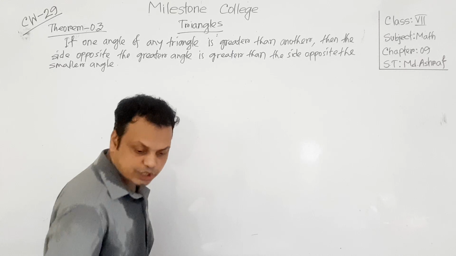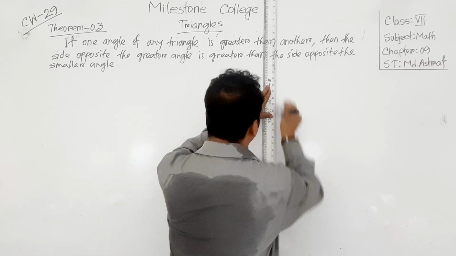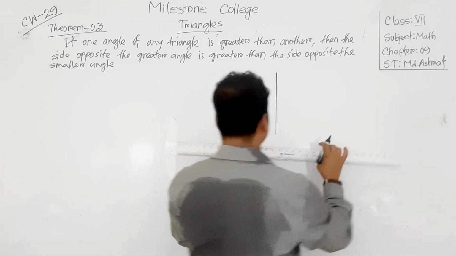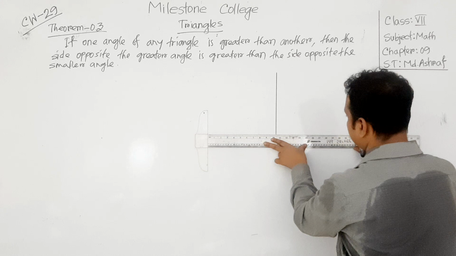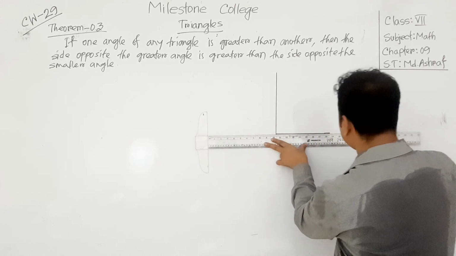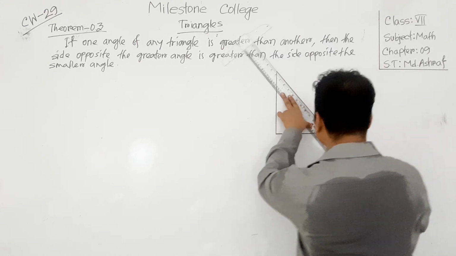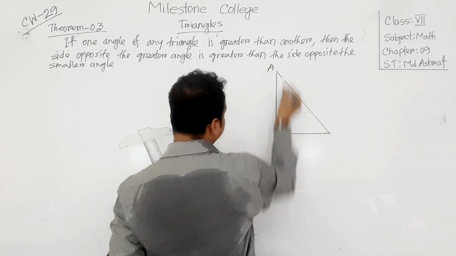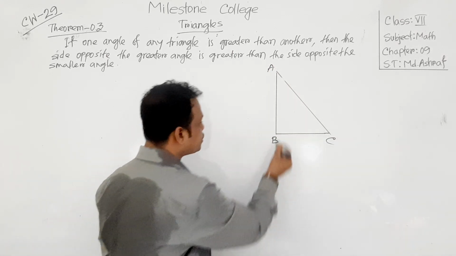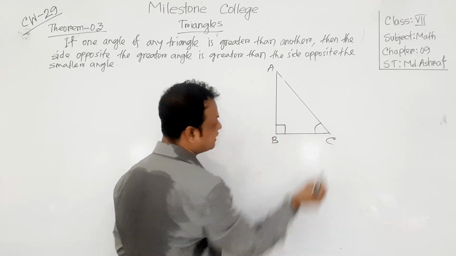Look at here. At first, draw the figure. Draw a triangle. This is triangle ABC. In triangle ABC, consider this one angle and this another angle.